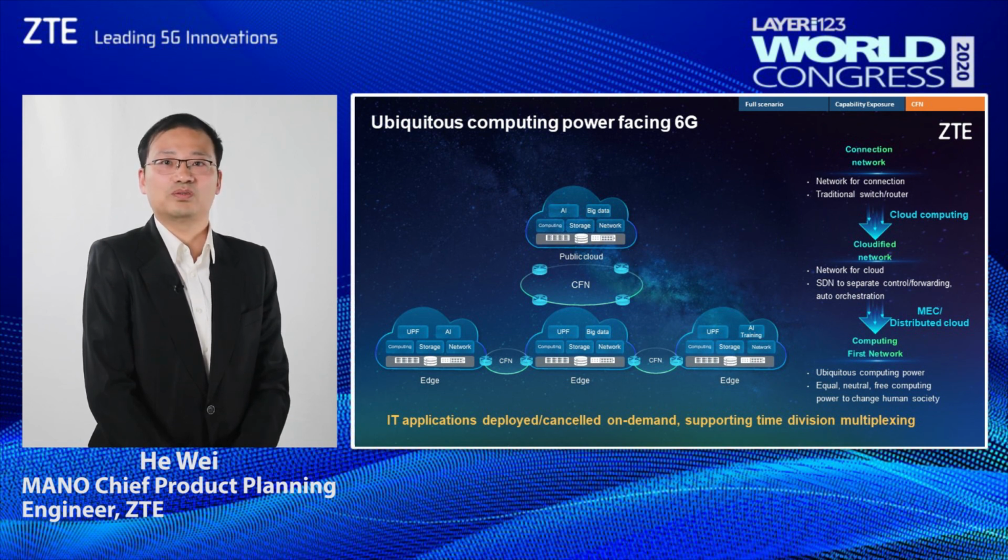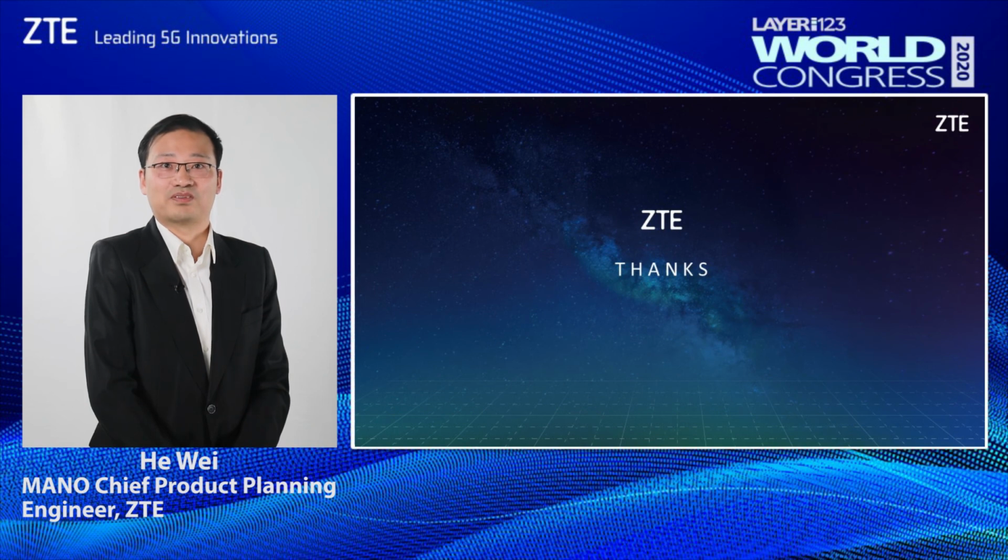The network routes the computing task packets to the corresponding computing nodes, thus improving user experience, computing resource utilization, and network efficiency. ZTE is committed to implementing the computing-first network solution in commercial application scenarios. Thank you for your time for this topic.